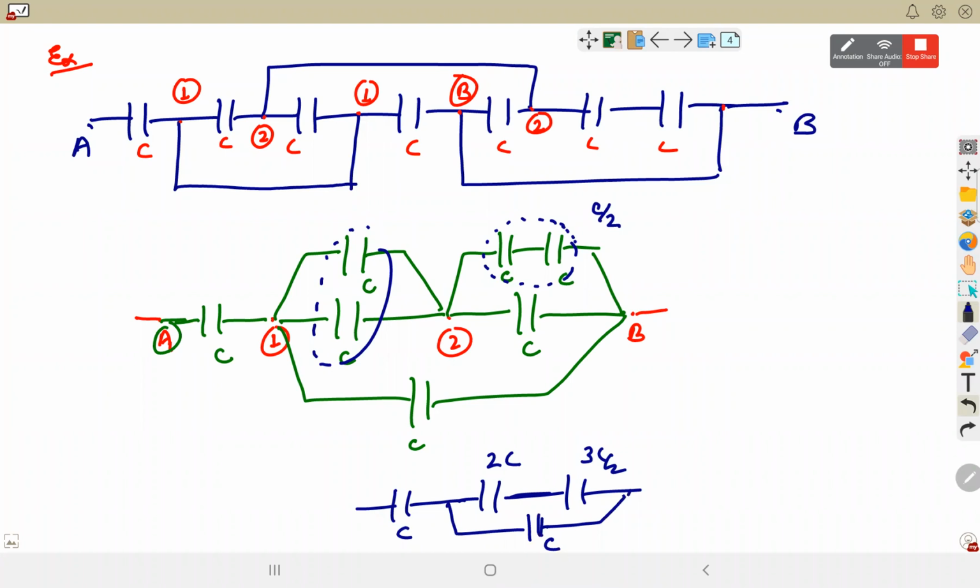Is it correct till now? Okay. There is no time. 2C and 3C by 2 in series, how much? 2C and 3C by 2, Kriti, how much in series? 6 by 7. 5 by 6. 5 by 6?